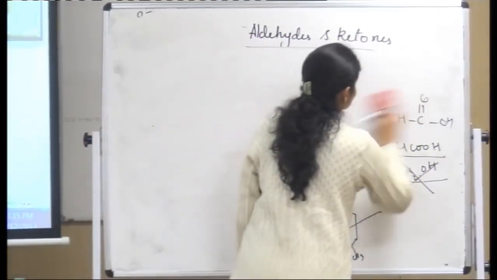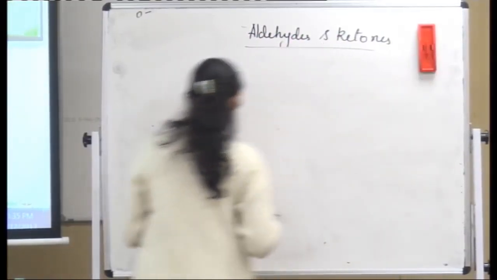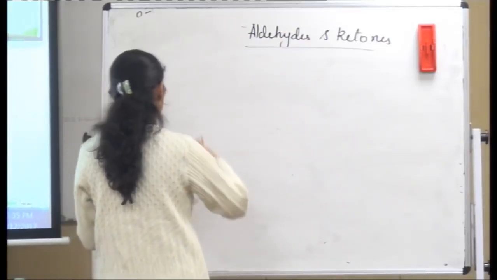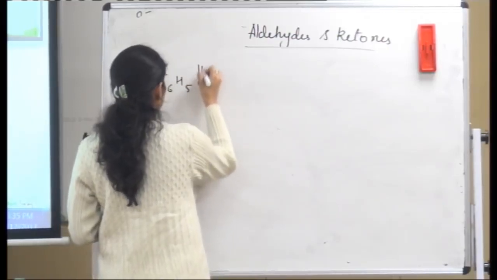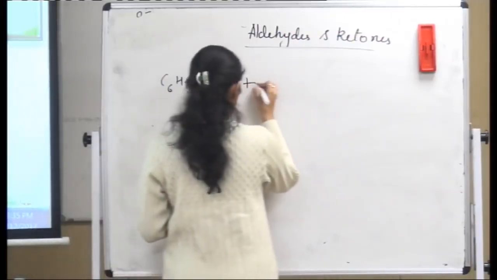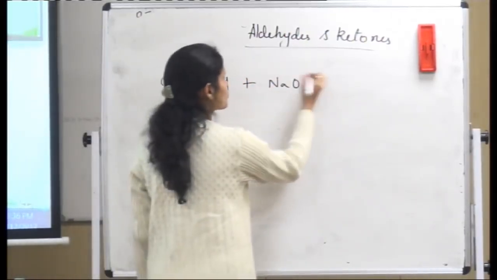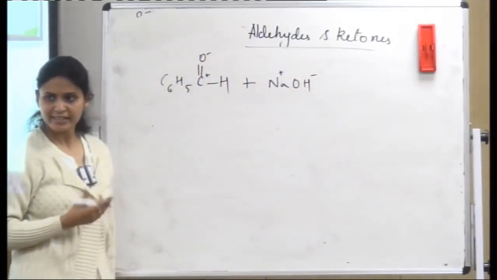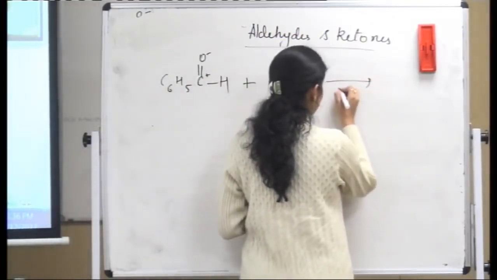Do you know the mechanism for cross Cannizzaro reaction? It is again very important from the examination point of view. Suppose let's take C6H5COH, right? We have taken this compound. I am using NaOH, right? This is OH minus, this is Na plus, again this is minus and plus. I can write this as O minus and C plus, right? What will happen?